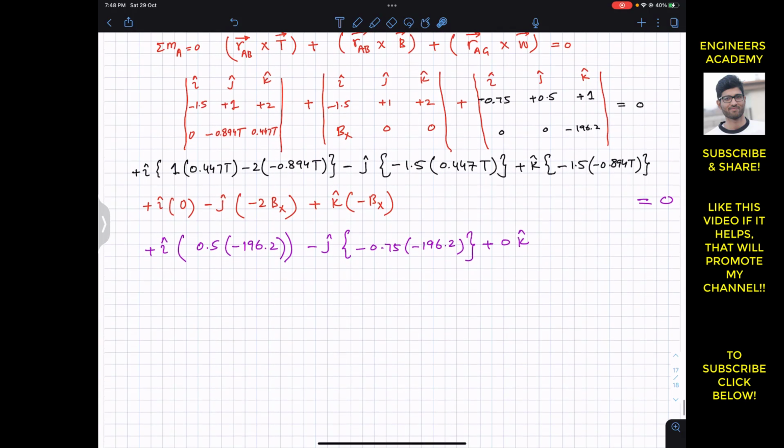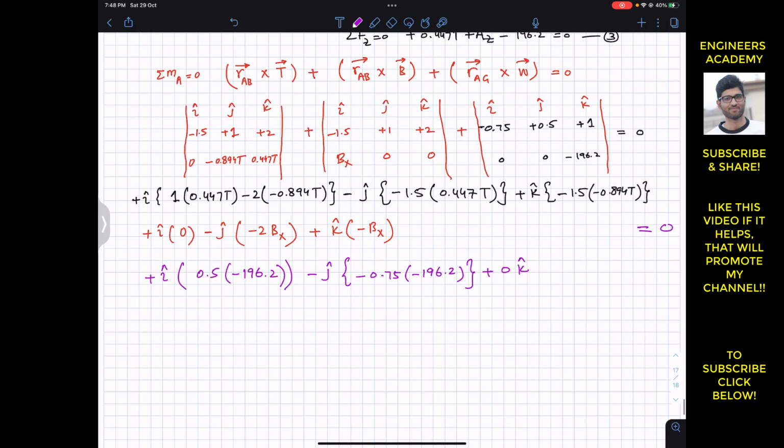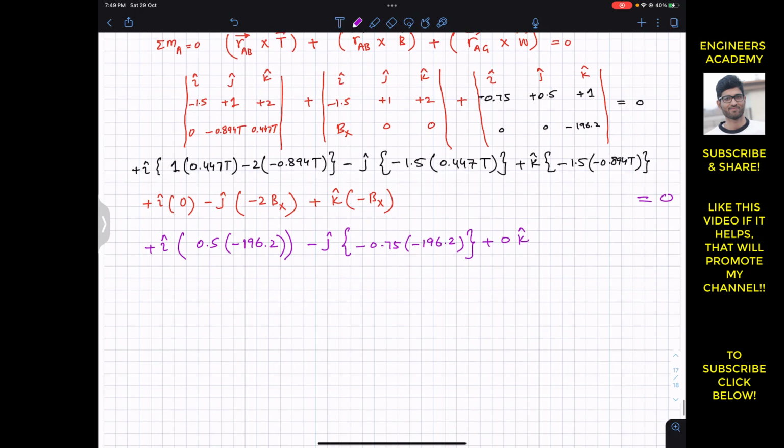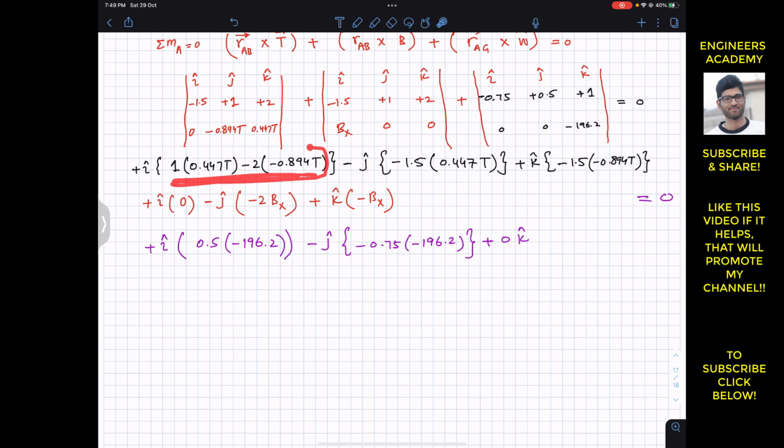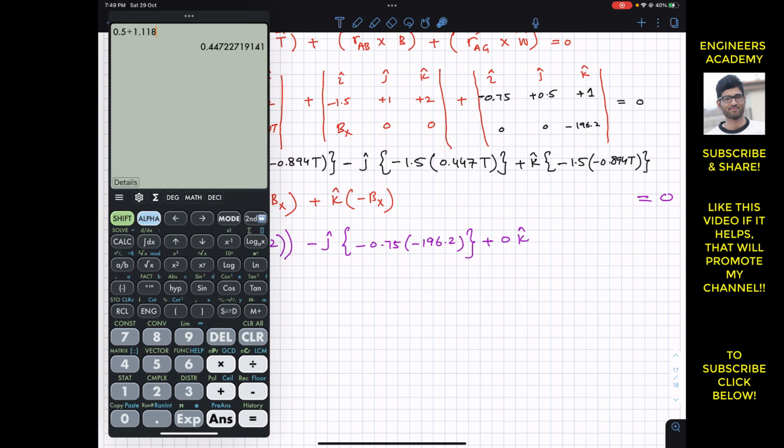Now we have to add up all the i components. We will add up the summation of moment at A along i. So we will add up all the i components, then all the j components, and all the k components. So we will have 3 more equations. First of all, let me simplify the brackets.